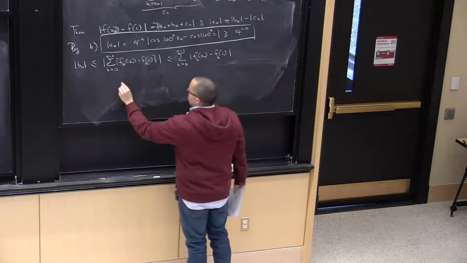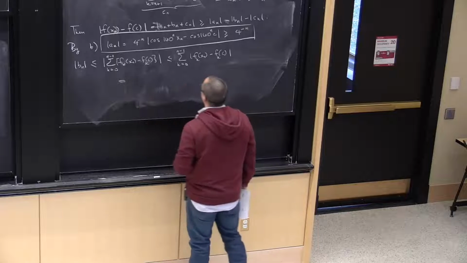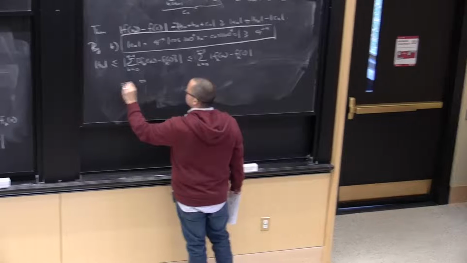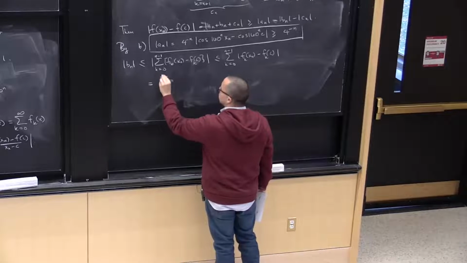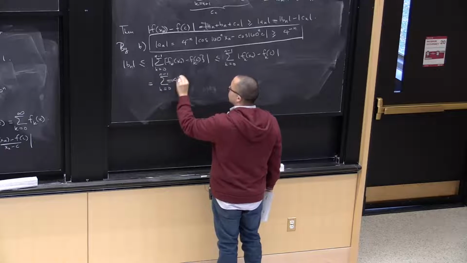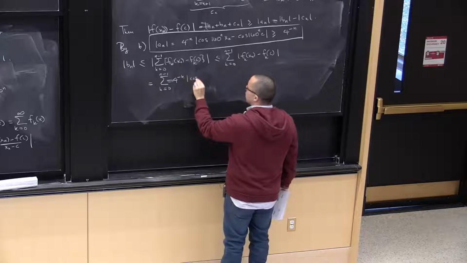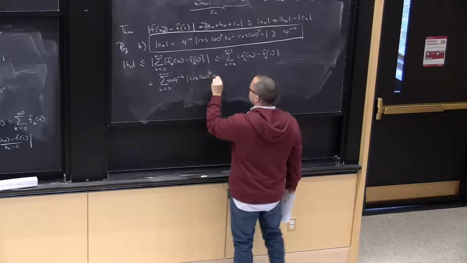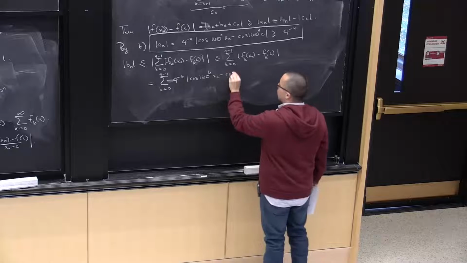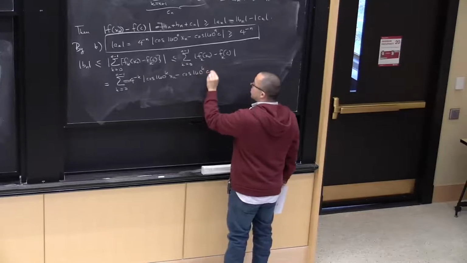And now, this is equal to the sum from k equals 0 to n minus 1 of 4 to the minus k, times cosine of 160k x_n minus cosine of 160k c.